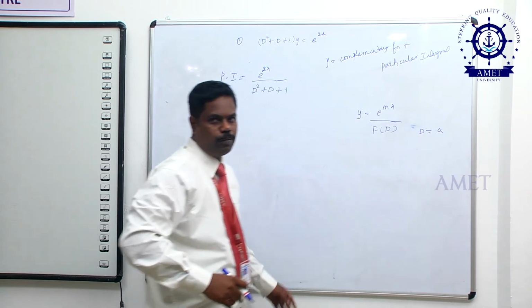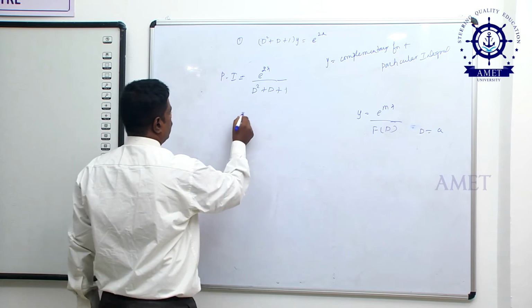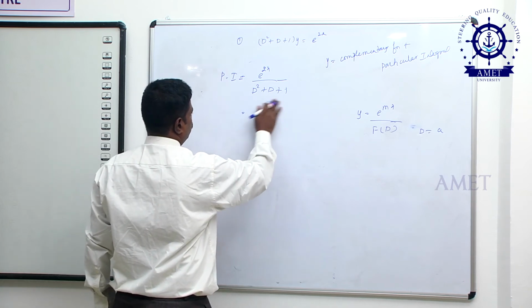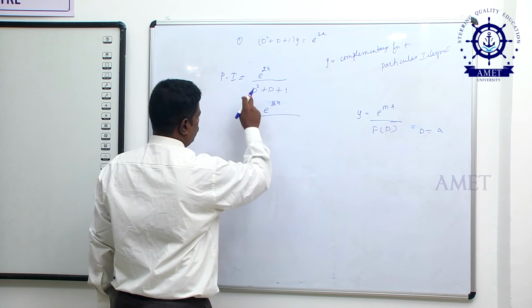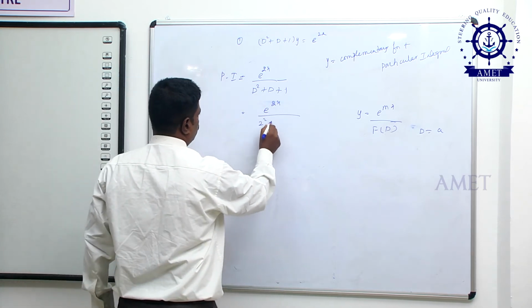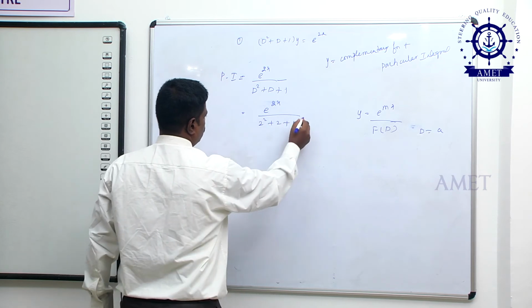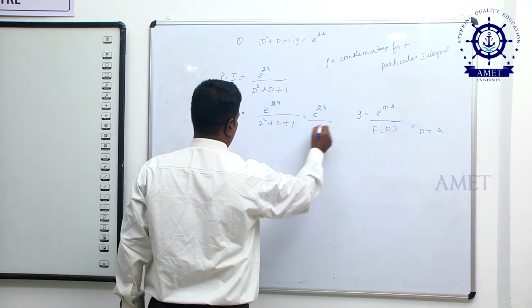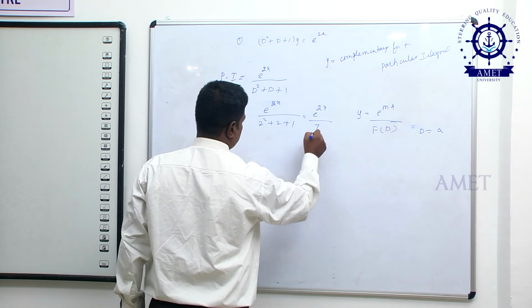So for e power 2x divided by f of D, put D equal to 2: 2 squared plus 2 plus 1, so this is e power 2x by 4 plus 3, that is 7.